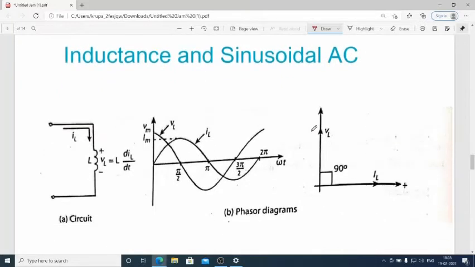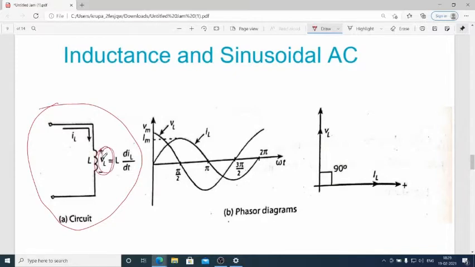So now we will discuss the sinusoidal nature of the inductance, that is, the inductive behavior with a sinusoidal AC supply. This is the circuit diagram representation. The current passing through the inductance is IL, and the voltage drop across the inductance is VL.